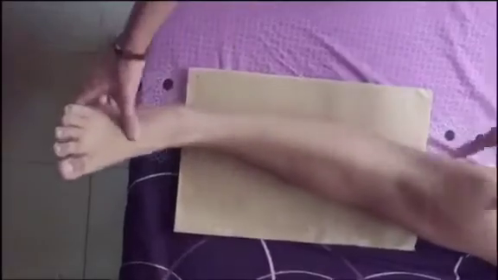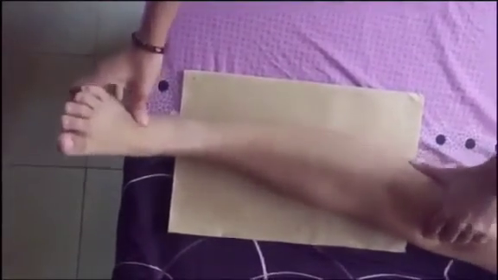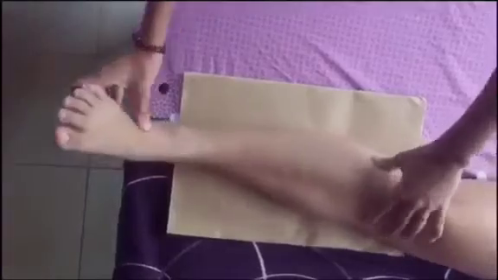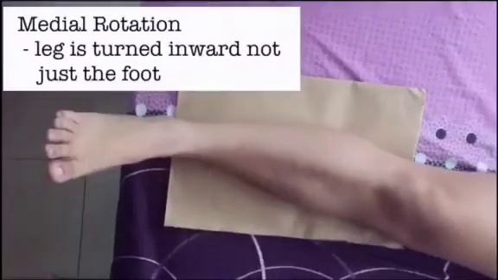Next, we're going to have the AP oblique projection, medial rotation, and lateral rotation. First, we'll have the medial rotation. So we're going to medially rotate the leg of the patient to 45 degrees.